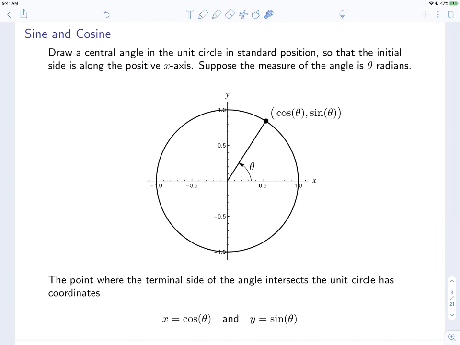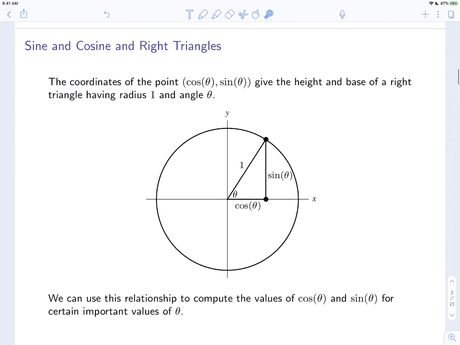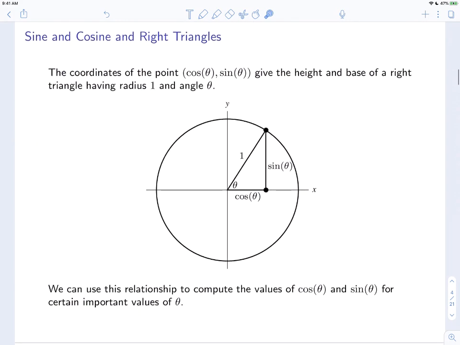They're defined to be the coordinates of the point formed in this way, where the initial side is along the positive x-axis and the terminal side forms an angle of measure theta. Let's relate sine and cosine to a right triangle.